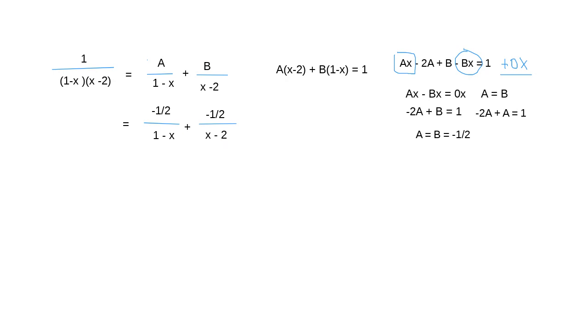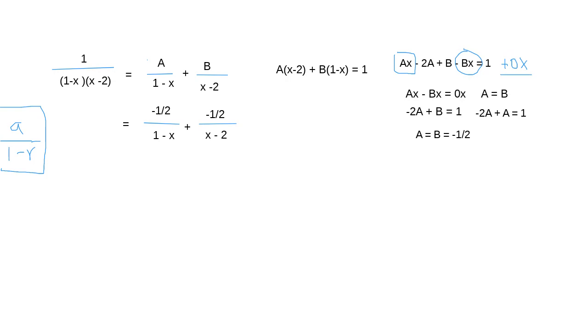And I don't like x minus 2. Remember, we always have this in our head: geometric, A over 1 minus r. A geometric series converges when the absolute value of r is less than 1, and it converges to the first term divided by 1 minus the ratio. So we always have this in mind.